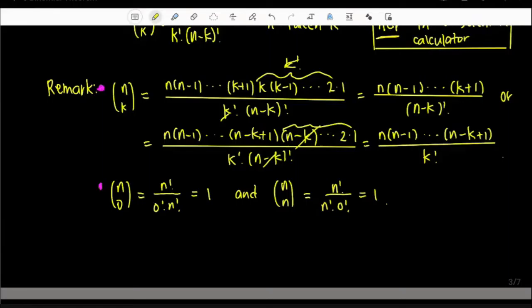So that's 0 factorial. Again, you evaluate 0 factorial as 1, so you have n factorial over n factorial, which is equal to 1. So n taken 0 and n taken n are equal to 1. That means whenever you have this term here, that's just 1. Similar with this one. Okay?